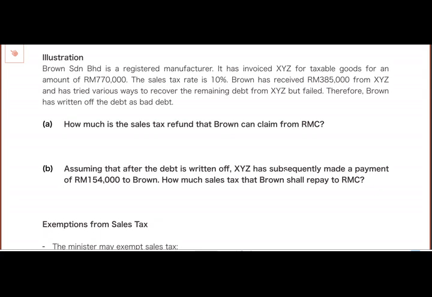Now, the sales tax is 10%. If it's an invoiced amount, is this inclusive or exclusive of sales tax? Inclusive. If I invoice you, that means the sales tax is usually part of it. This must be inclusive of sales tax.